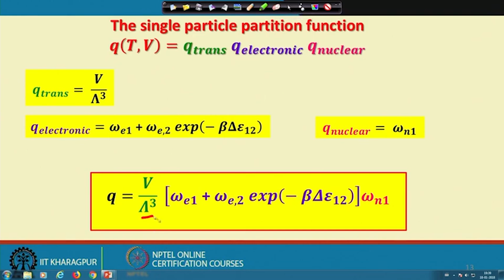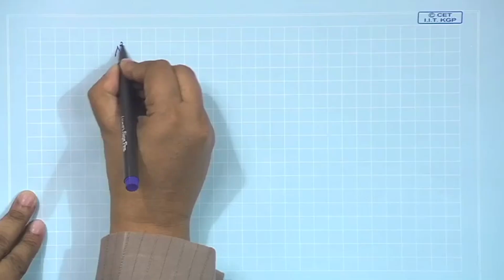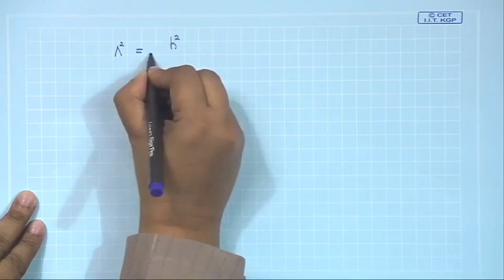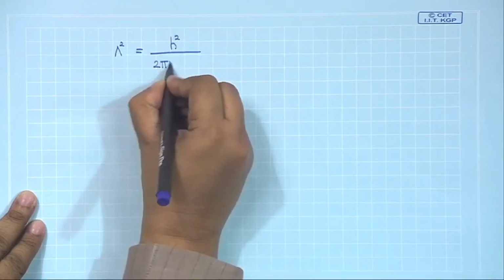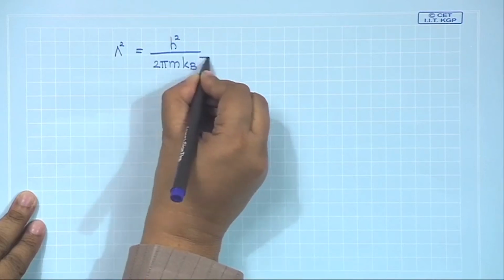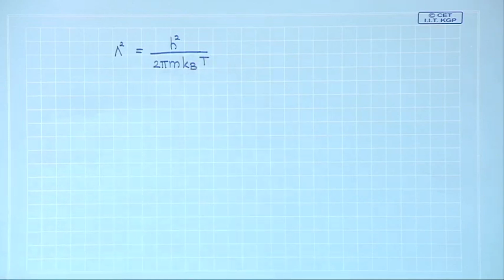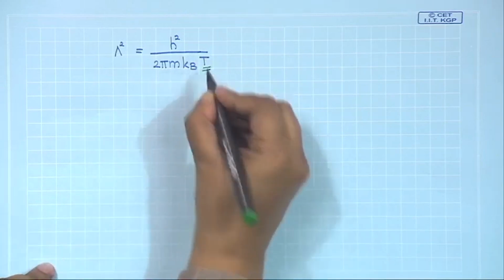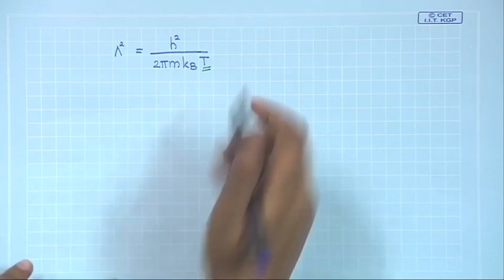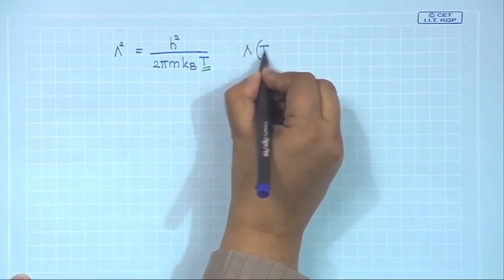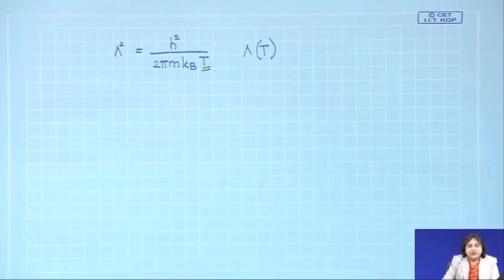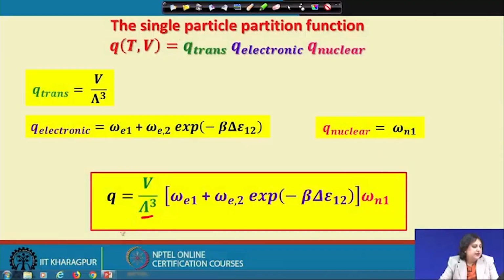Yes, lambda is a function of temperature, because by definition lambda square is equal to h square divided by 2 pi m k T. So, temperature is present here, and lambda essentially is a function of temperature. So, that is the first term that has contribution from temperature. Then I have beta over here, that is also dependent on temperature.